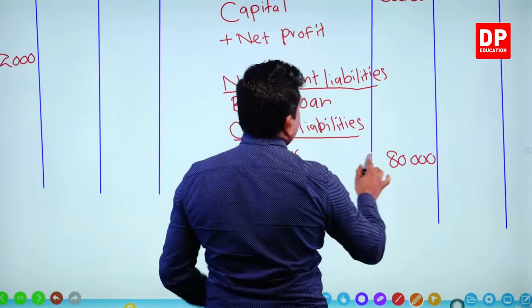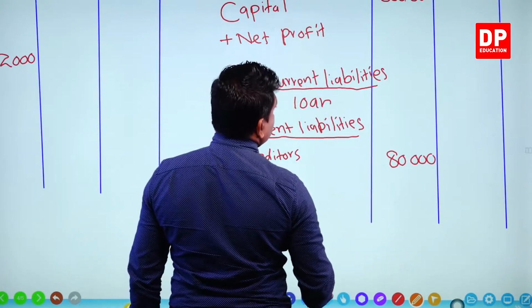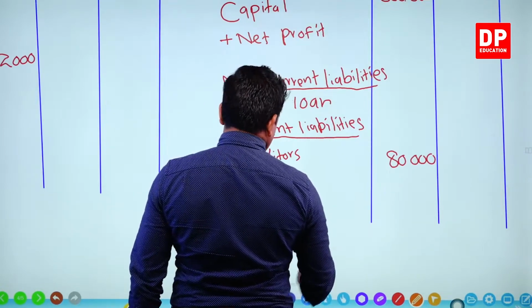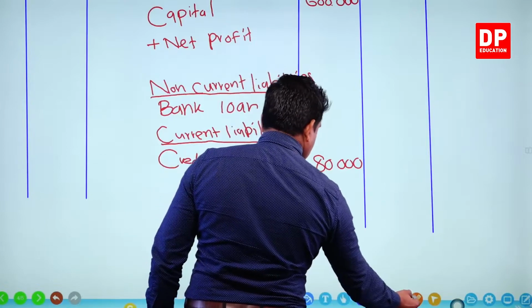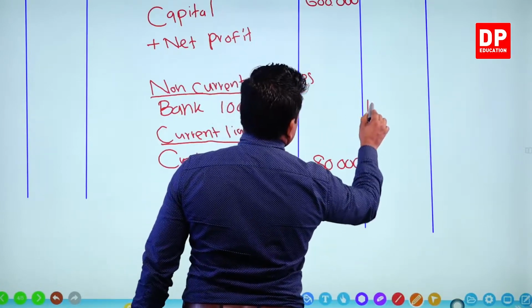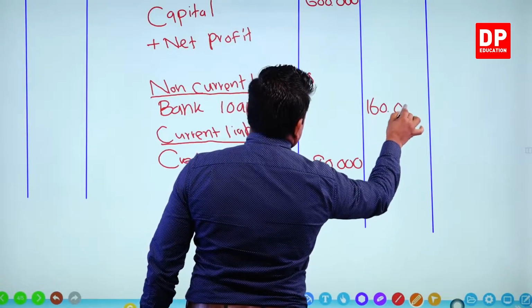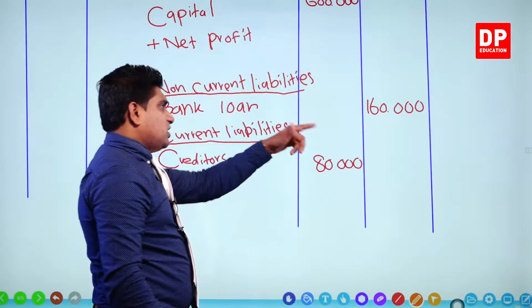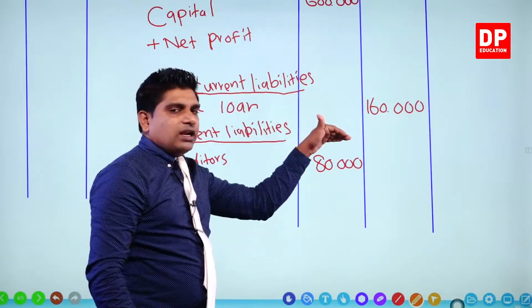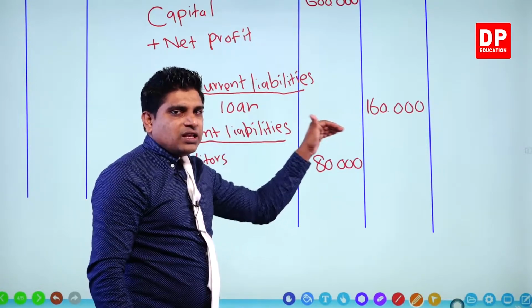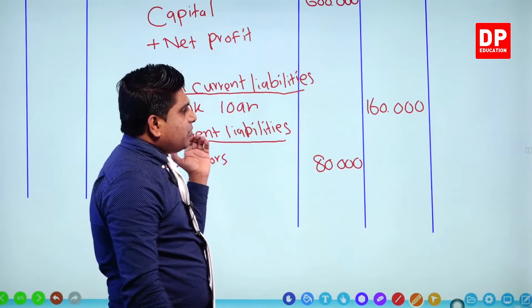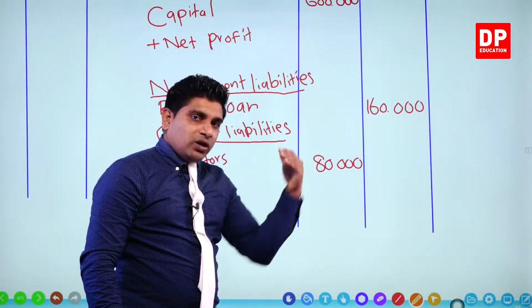Only one item, no? So it goes to the corner column, right? 160,000. If you want, you can put the same value here, but after that you draw a line under that, then you can bring the same value to the second column. This is very easy, only because we have one item, we can put it directly to the corner column, right?